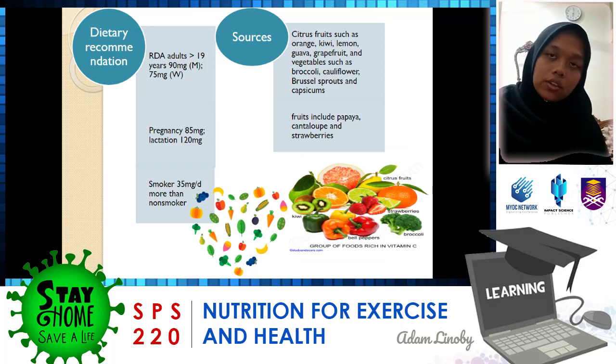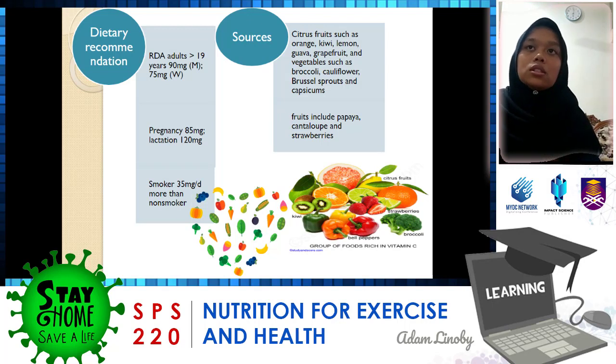So next is the dietary recommendation. The RDA for adults more than 19 years is 90 milligrams for men, and for women 75 milligrams. Pregnancy, 85 milligrams.